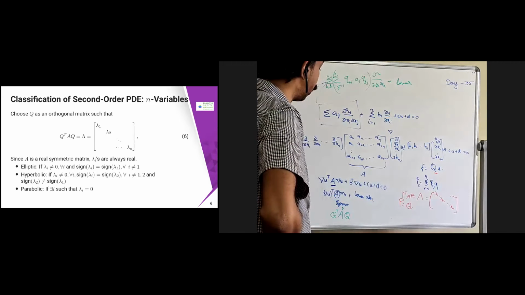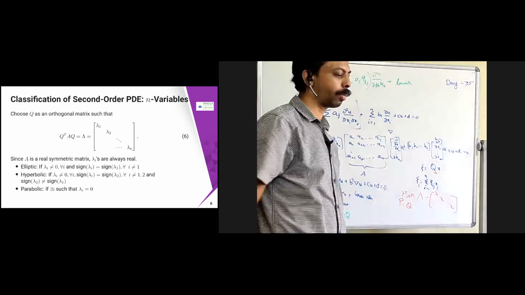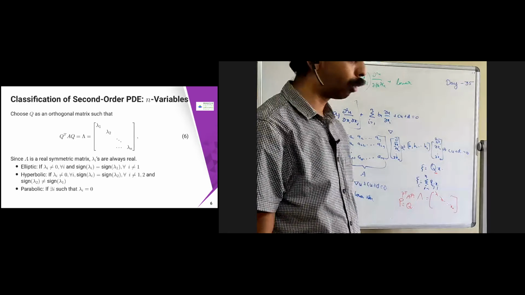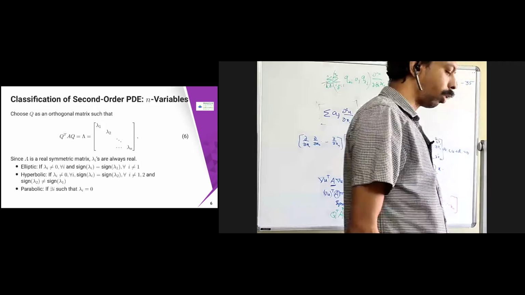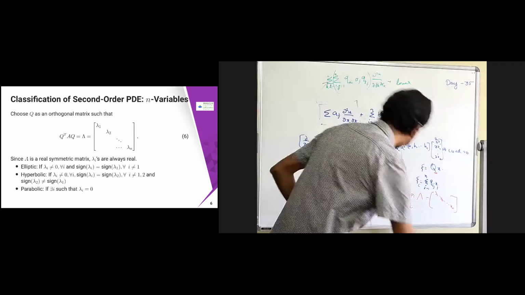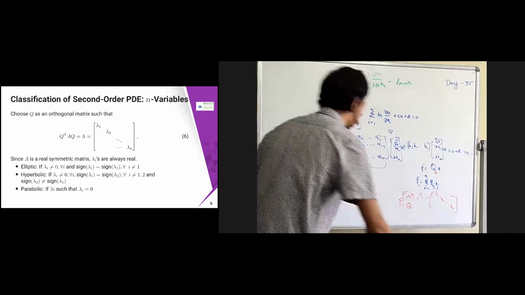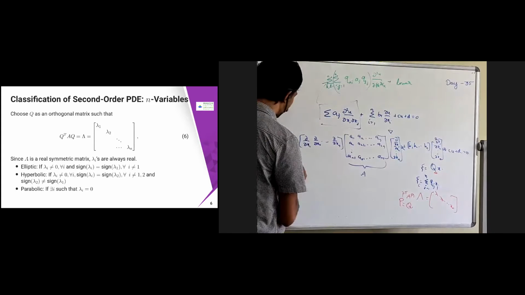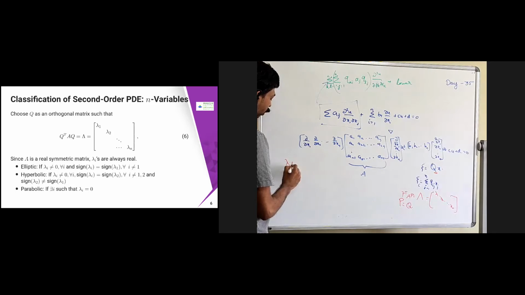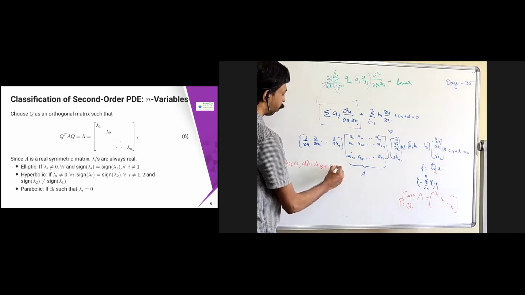First case: all lambda i's are not equal to 0, and the signs of all lambda i's are the same.